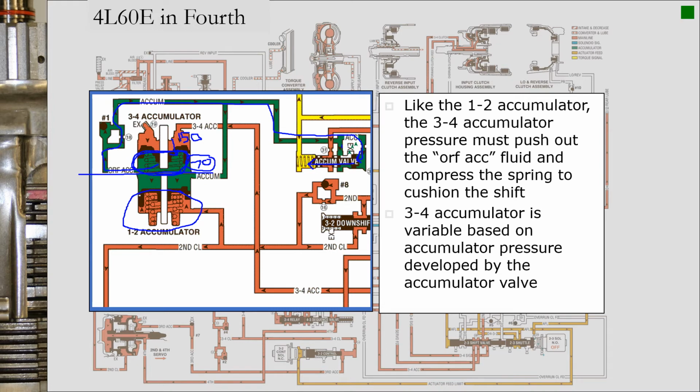That'll end up opening this exhaust passage and allow the fluid out. So that's how the fluid gets out. We're using line pressure on one side of the piston to push the accumulator fluid pressure out through the accumulator valve.